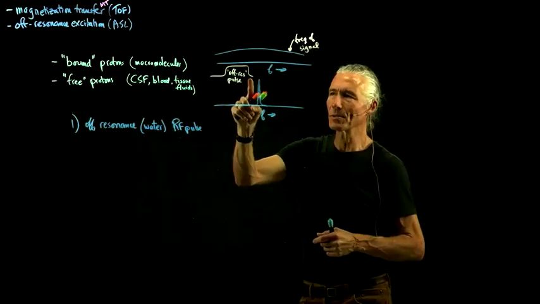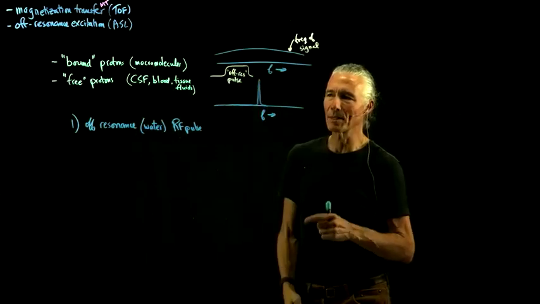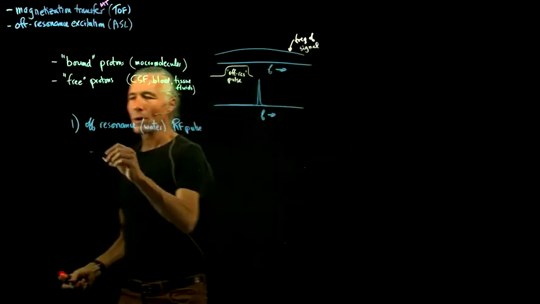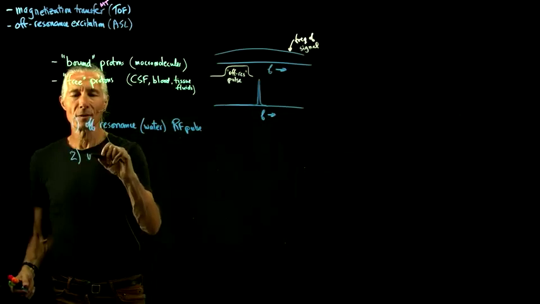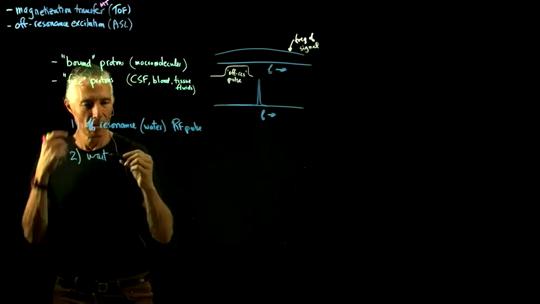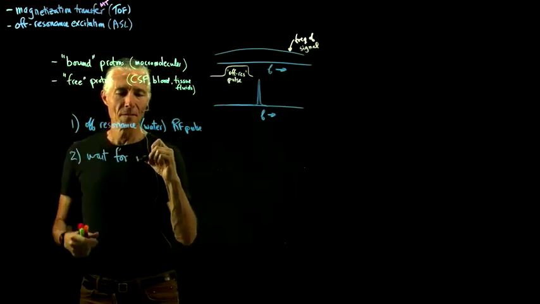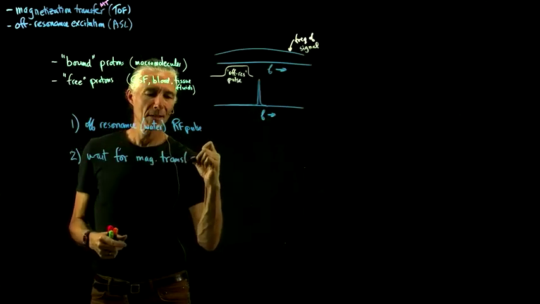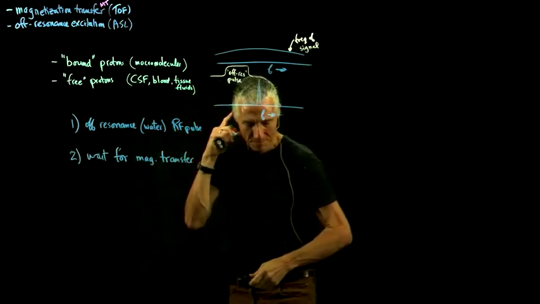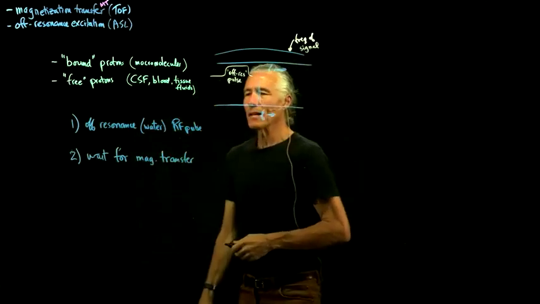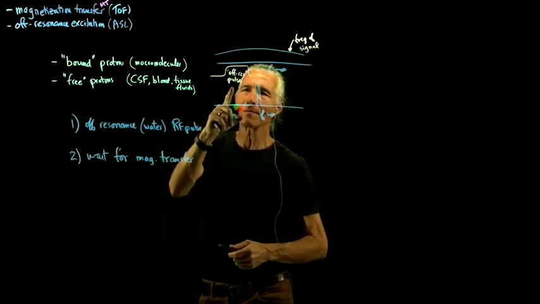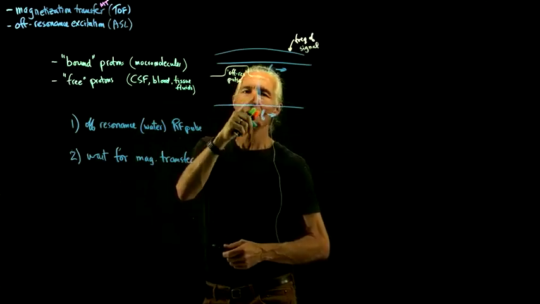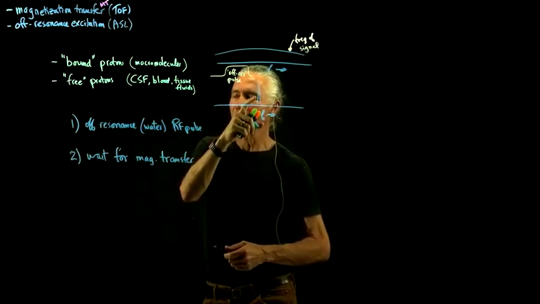So you do that pulse, you get a little signal back, but you ignore it. And then you wait for magnetization transfer. The way this works is you're looking for magnetization transfer from the transverse magnetization that you created here to the longitudinal magnetization.